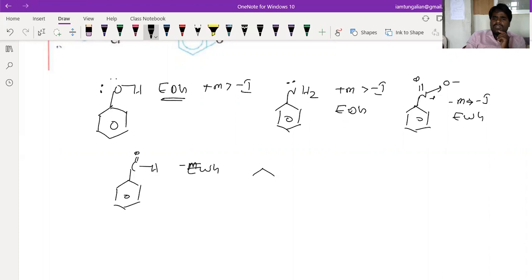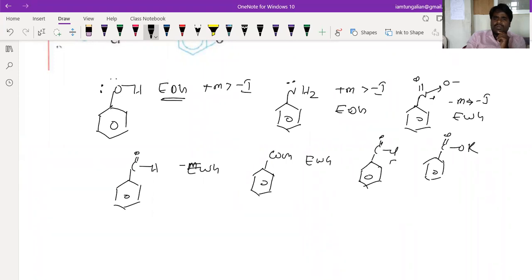This carboxylic group is also electron withdrawing. All these carboxylic derivatives beta, such as acid chloride, acid, these are all C double bond O, and these are all electron withdrawing beta. If I write something like an alkyl group, there are different groups.